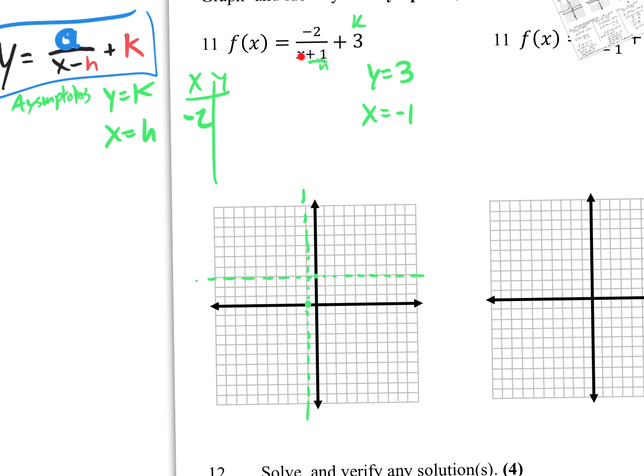Then you'd have -2 divided by -1, which is +2, and +2 plus 3 would be 5. So when I plug in a -2, I get out a +5, and that's an actual coordinate. -1, 2, 1, 2, 3, 4, 5. It would be right here. Okay.